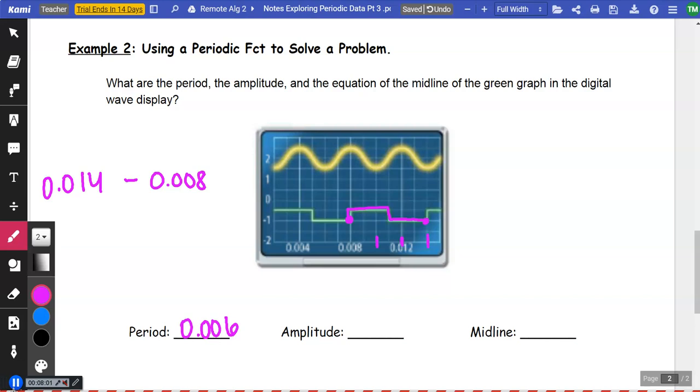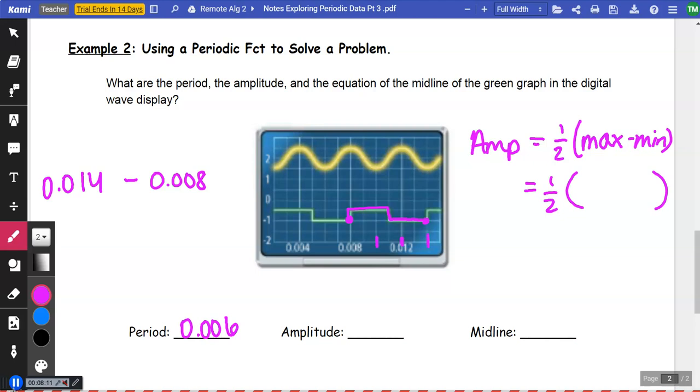All right. So to find our amplitude, remember your amplitude is equal to half times your max minus your min. It looks like our maximum is negative 0.5, and then our minimum is negative 1.